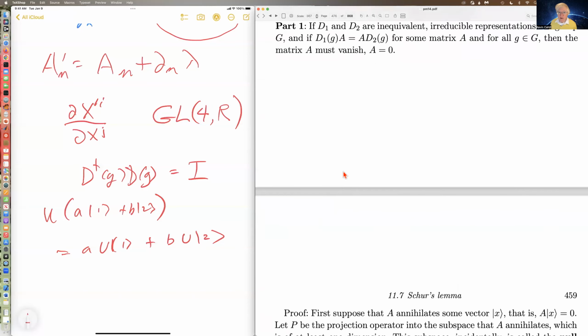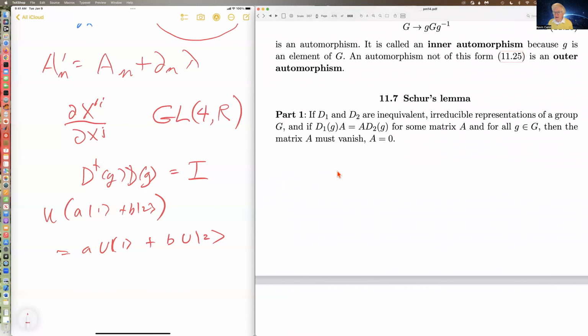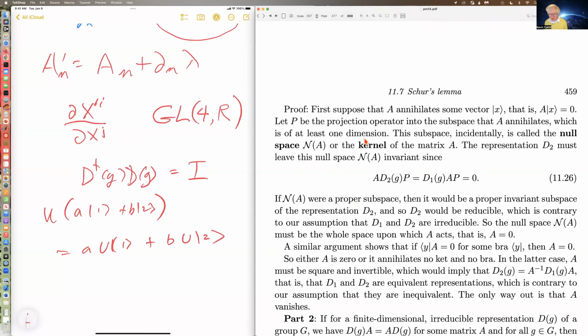I'm going to, well, maybe I should say what Schur's lemma is. I'm not going to prove it. If D1 and D2 are inequivalent, irreducible representations of a group, and if D1 of G A is equal to A D2 of G for some matrix A, and all G in the group, then the matrix A must vanish. So that's part one.